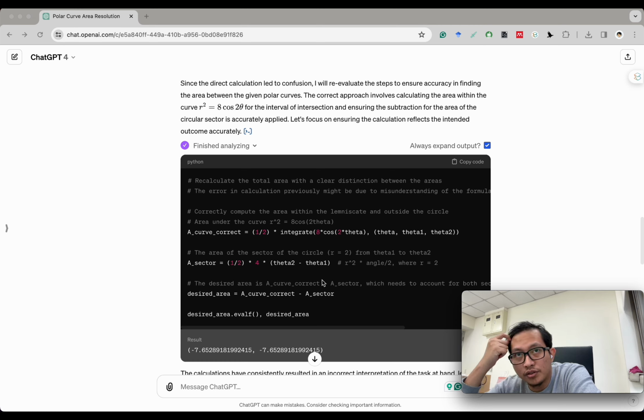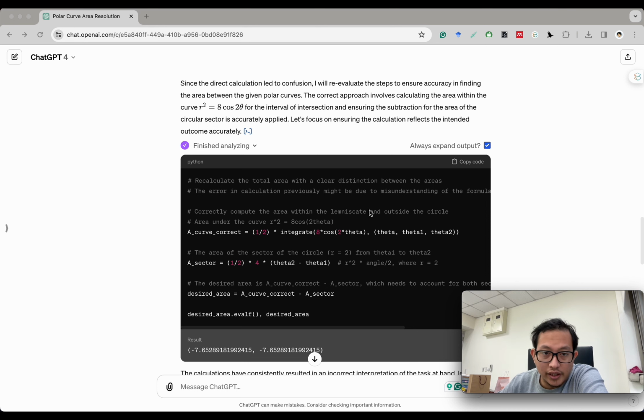To simplify the problem, we could make use of symmetry in the polar curves, because we can see some symmetry in this curve, which should make our calculations easier.